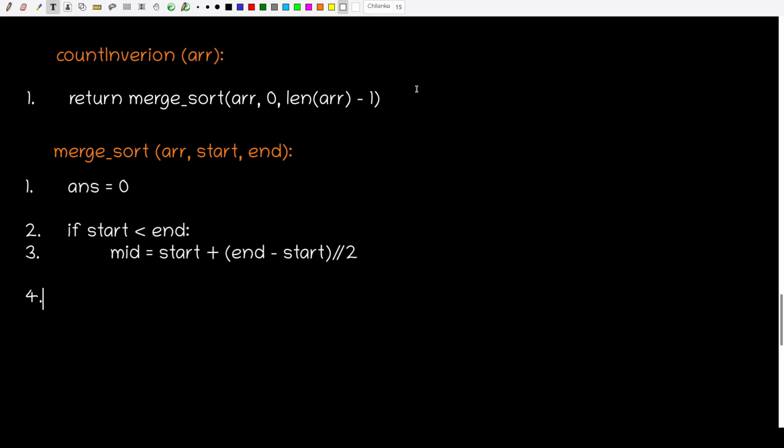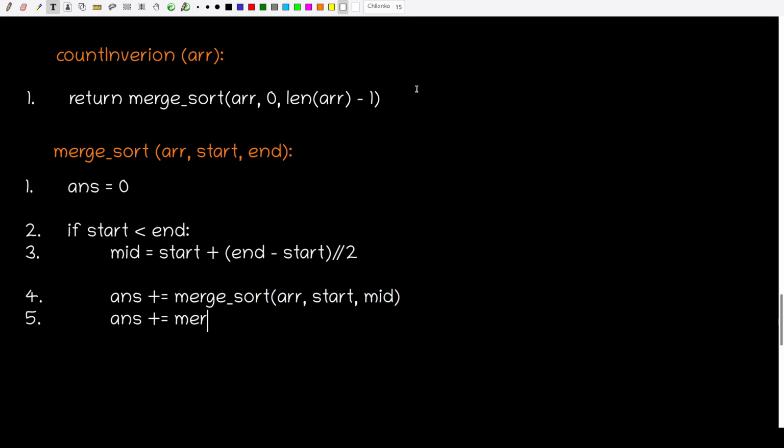And after computing the midpoint, we are going to perform the merge sort operation on the left part of the array and the right part of the array. So this will be answer plus merge sort. So left part of the array, so ARR, starting point, and till mid position we are going to sort it, and then we are going to sort the right part of the array.